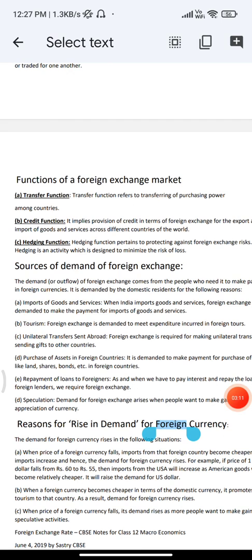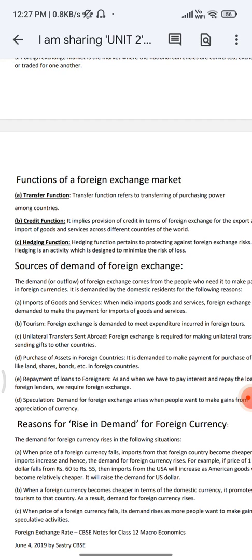Credit function implies the provision of credit in terms of foreign exchange for the export and import of goods and services across different countries in the world.